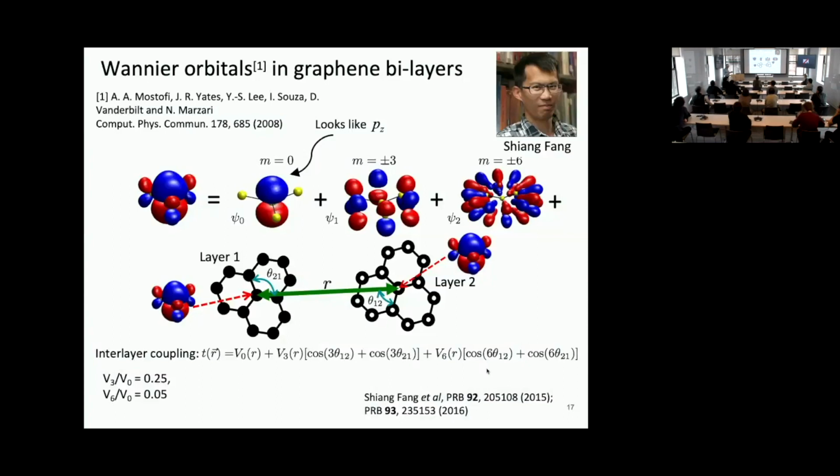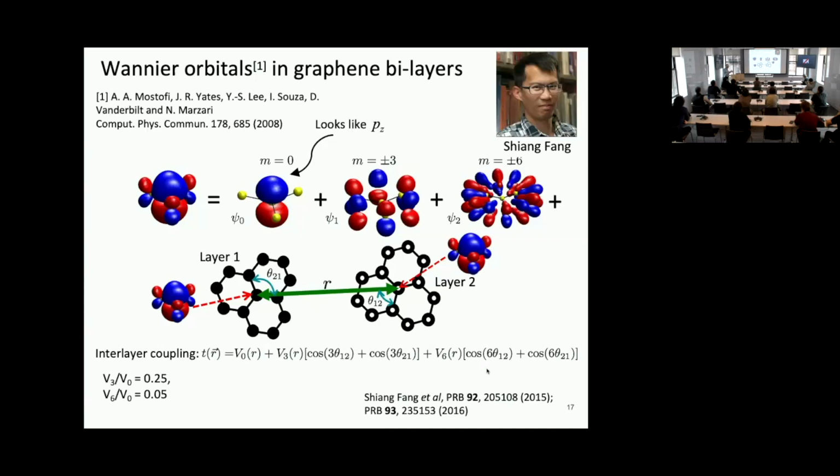So you can construct, by unitary transformation, localized states in space that give the same physics as the extended states in periodic systems. This is what we find for the localized states in graphene. You do have the contribution of the pz orbital as expected, but also you have higher angular momenta.